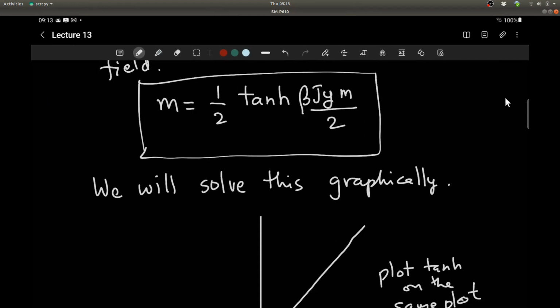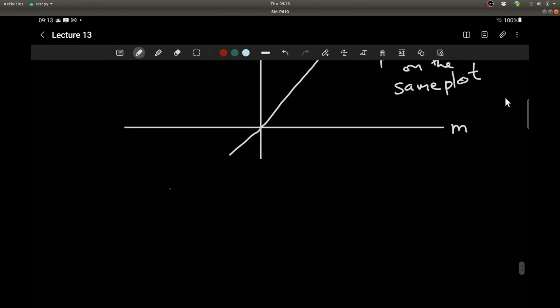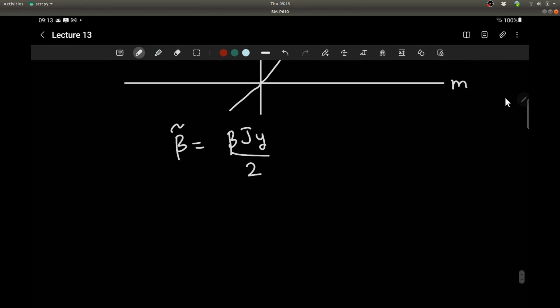Okay, so let me just define some beta tilde. What I was using was beta J y upon 2. Okay, so what did we see?